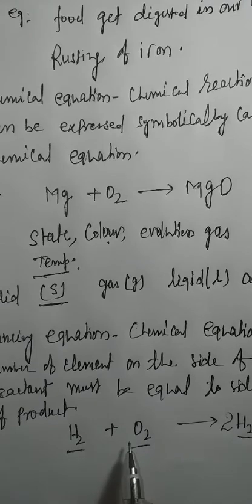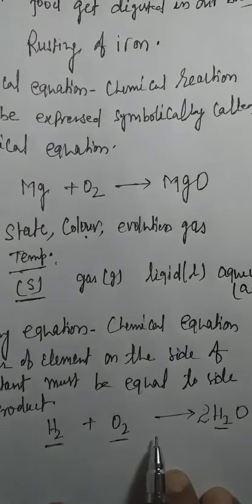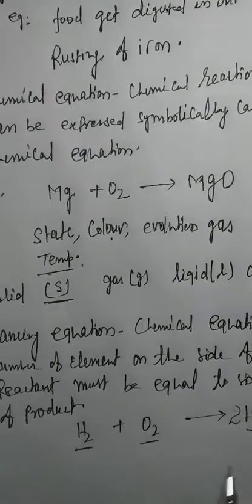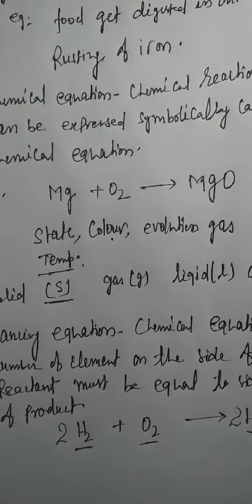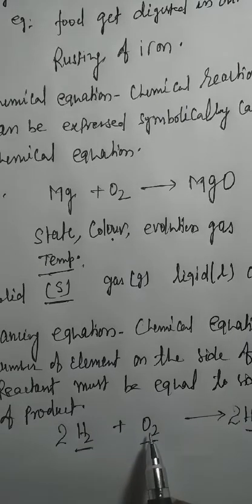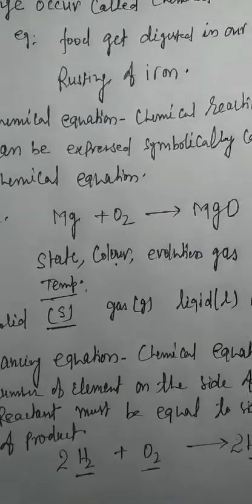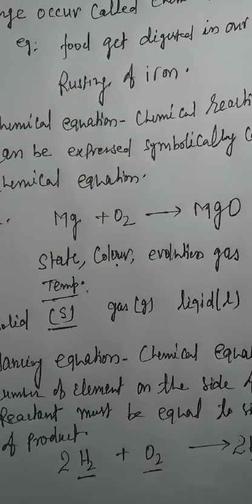So it becomes 2 oxygen now, but now hydrogen is imbalanced. To balance the hydrogen, we multiply by the factor 2 here also. So 2H2 reacts with 1 O2, it forms 2 H2O. So that number we can use to balance the chemical equation.